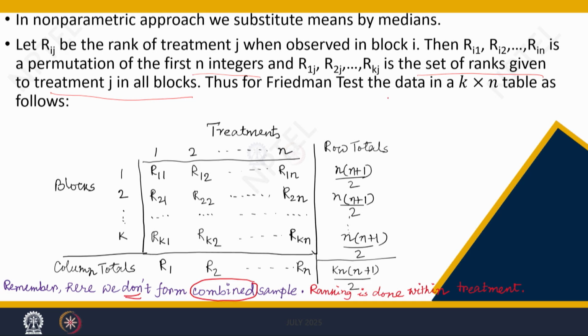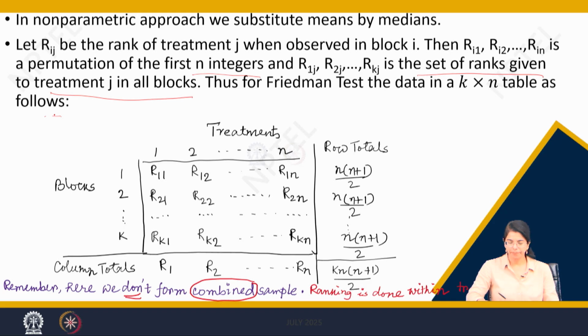Thus, for the Friedman test, the data is in a k by n table as follows. Initially it was an array distribution based on the observations y11, y12, as I have already mentioned. Now, each of the observations will be replaced by the corresponding rank.